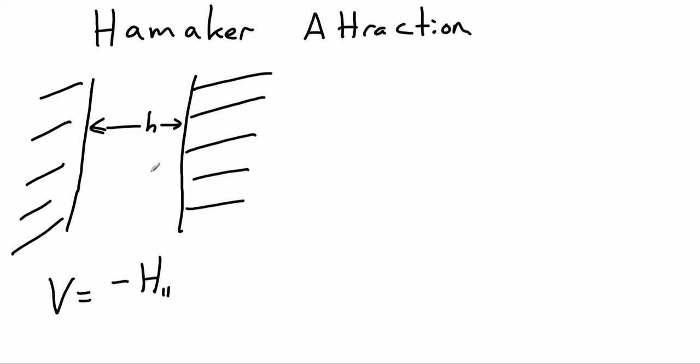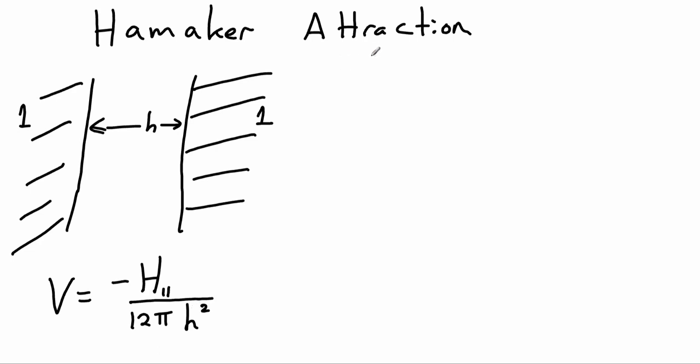So we're assuming this is a block made of material 1, and this is another block made of material 1, divided by 12 pi times this separation distance squared. So notice that we're actually relatively long ranged here. Unlike the microscopic van der Waals attraction, which dies off as r to the 6th, this dies off as distance squared. So it's relatively long ranged.